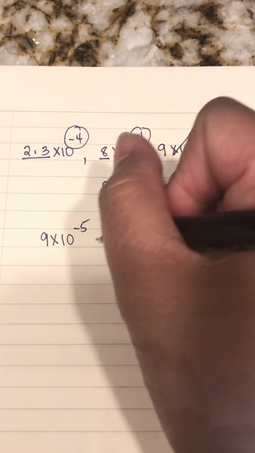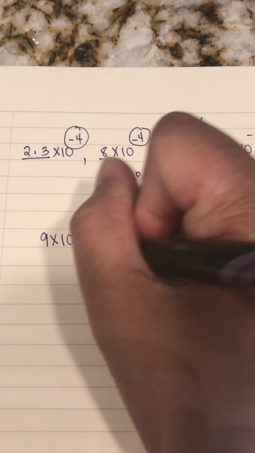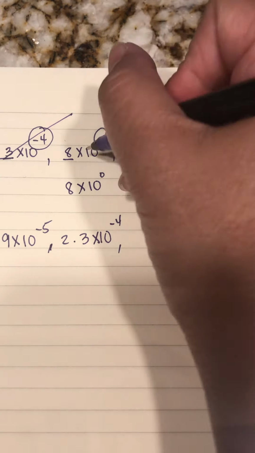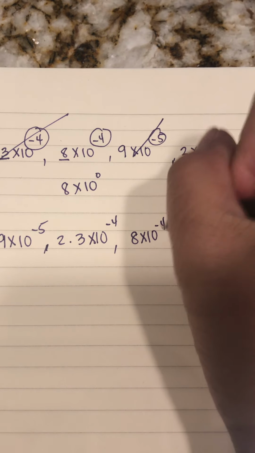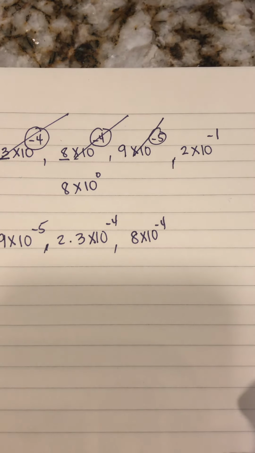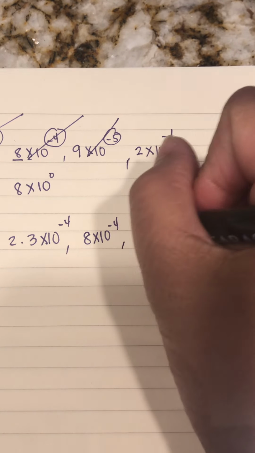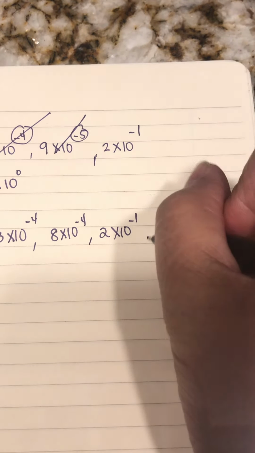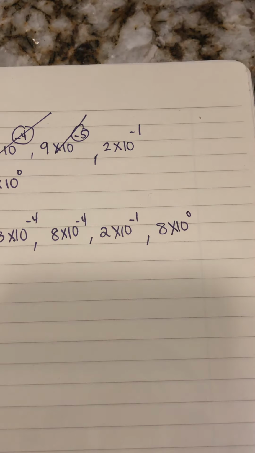So now it's followed by 2.3 times 10 to the negative 4. Followed by the other negative 4, 8 times 10 to the negative 4. And then followed by a negative 1. So 2 times 10 to the negative 1. And then followed by 8 times 10 to the power of 0.